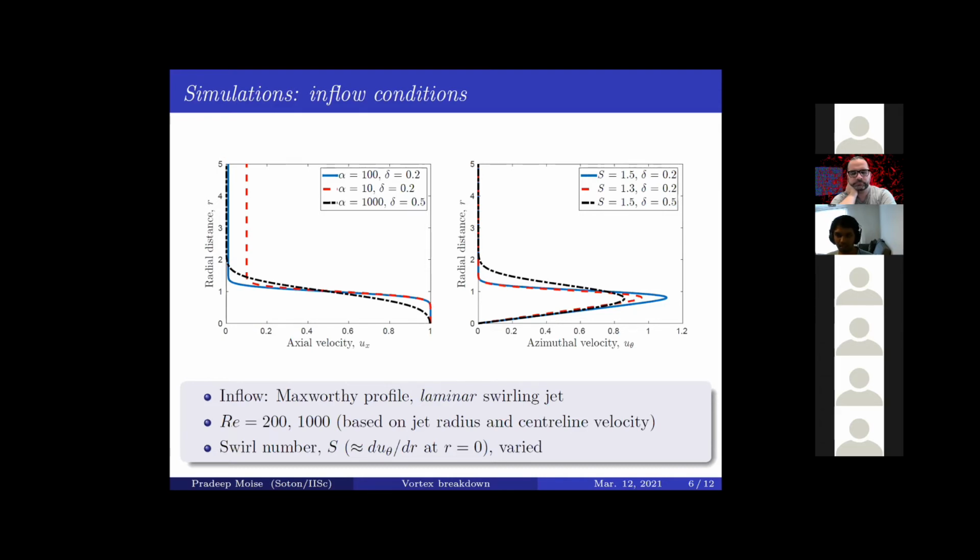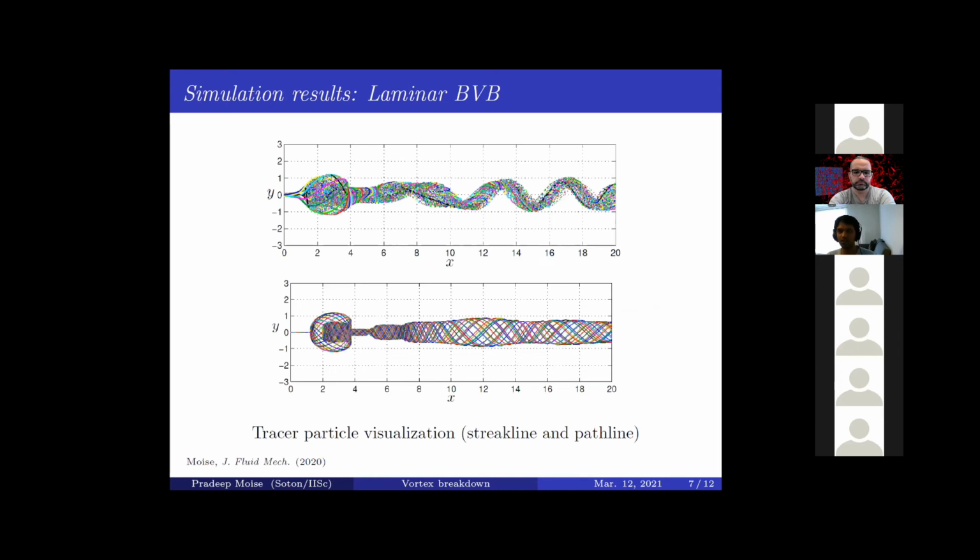And based on this, the Reynolds numbers that we studied were 200 and 1000. You can have different parameters, but the parameter that we varied was the swirl number, which is the slope of the azimuthal velocity at r equal to 0, which represents how much it is rotating with respect to the axial velocity.